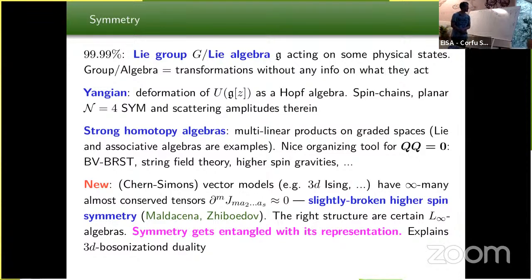So here it does. And the way you can think about what it does is that the symmetry gets entangled with its representation. So they form one big block that deforms. I'll give a definition later. This is what explains all of these interesting features of 3 dimensions.